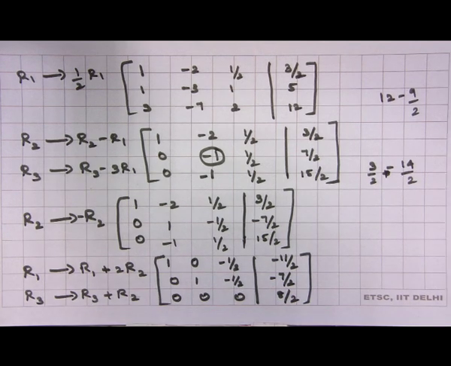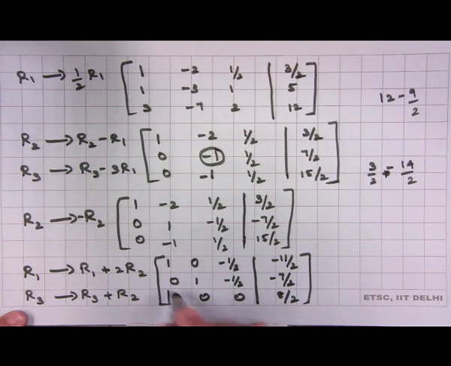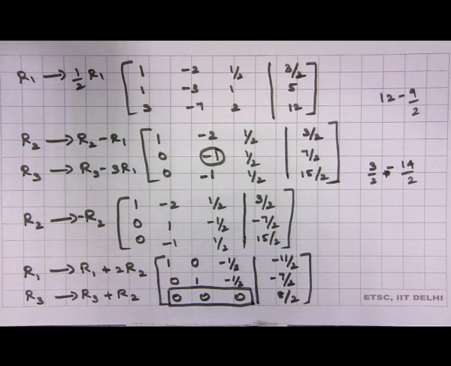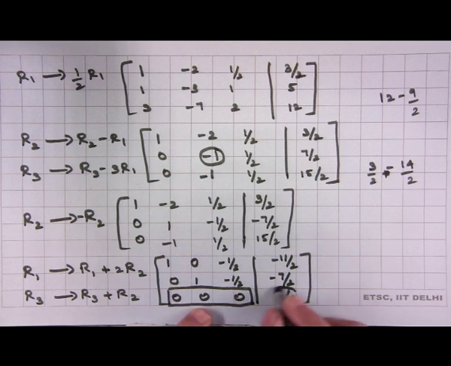But what you can notice here is that in the last row of the coefficient matrix you have just only zeros, but on the other hand what you have is a non-zero term over here.